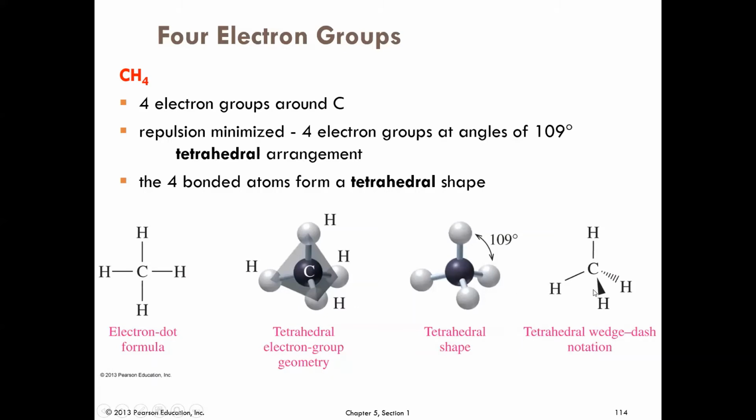The solid line is in the plane, the wedge means it's coming towards you, and the dash line means it's going away from you. So going 109 degrees apart makes a complete tetrahedral, almost like a little pyramid. If we have 4 electron groups and no lone pairs, we have a traditional tetrahedral.